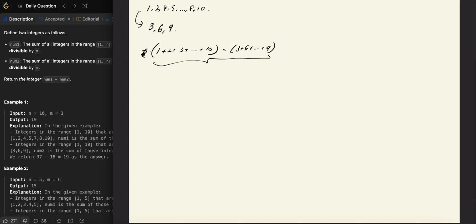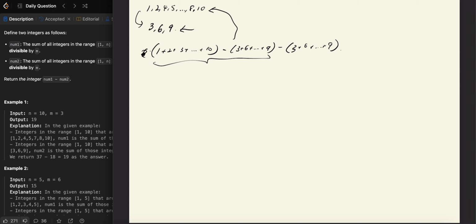So this thing is going to give you the first sequence, right? And if you subtract from the second thing again, all the numbers divisible by 3, you get the exact same thing as what we have done.